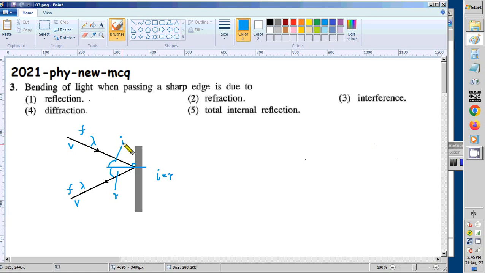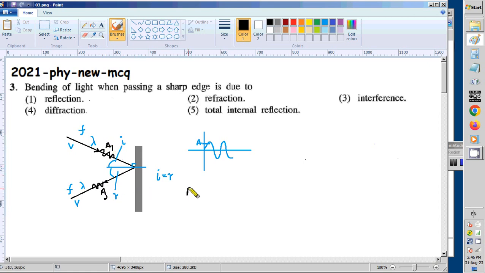And what is the other variable? If it is a wave, there must be an amplitude. Say here amplitude is like this, and it is smaller here. Amplitude decreases. Say A1 here, A2 here.